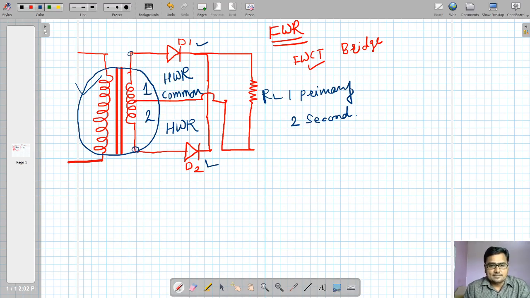This middle terminal is common. It's not good to draw the ground symbol like this, but for our understanding I am drawing a common or ground, a zero potential terminal.